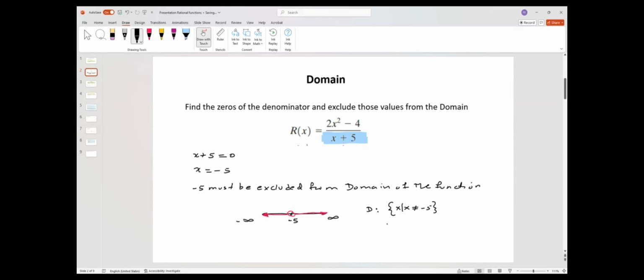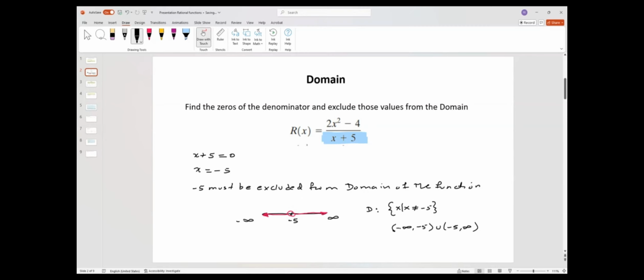And in interval notation, you can say that the domain is from -infinity to -5 union from -5 to +infinity, and you have to use parentheses everywhere here because -infinity, -5, and +infinity are not included in the domain of the function. So this is how we find the domain of a rational function.